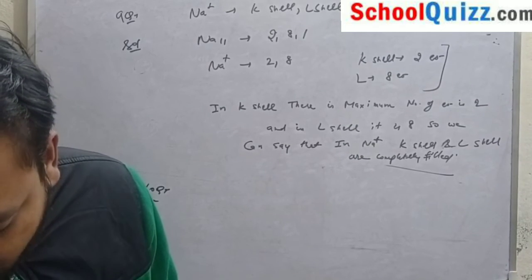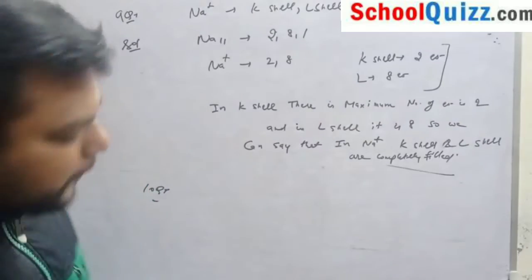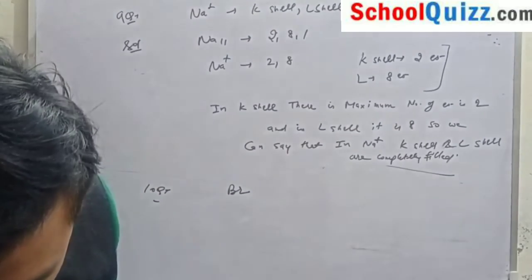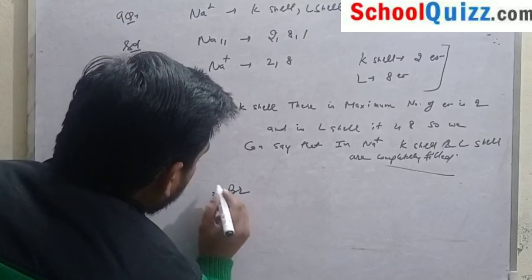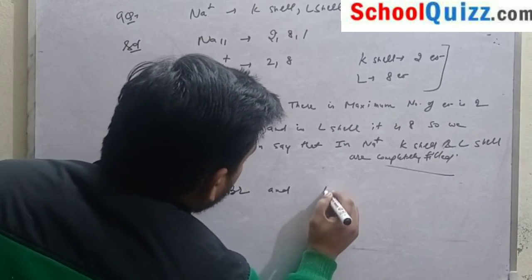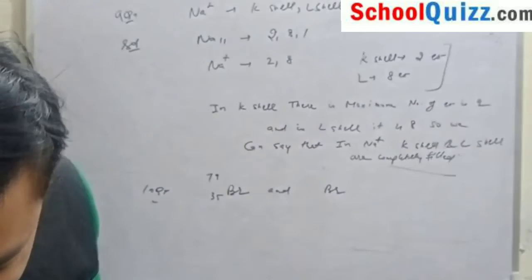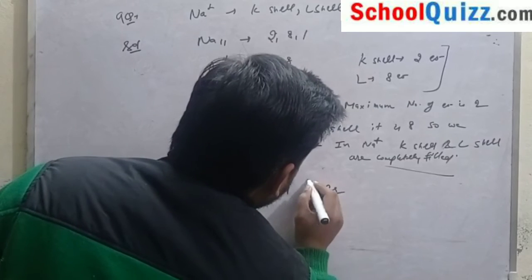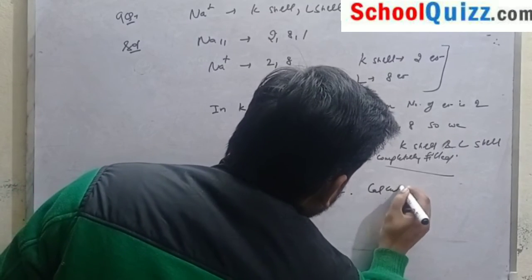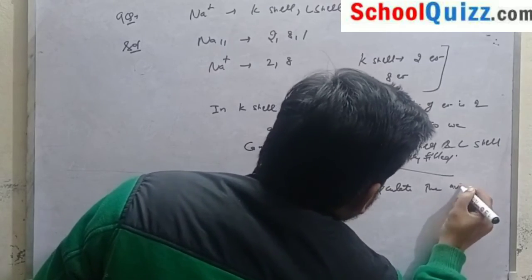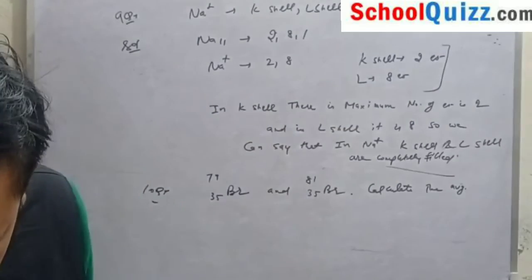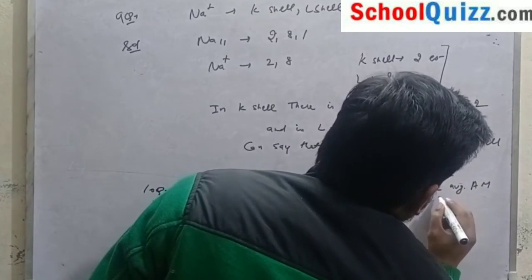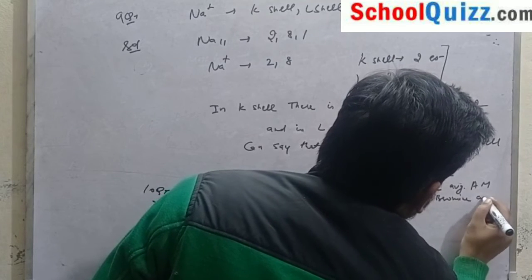If bromine atom is available in the form of two isotopes, bromine 35 79 and bromine 35 81, we have to calculate the average atomic mass of bromine atom.